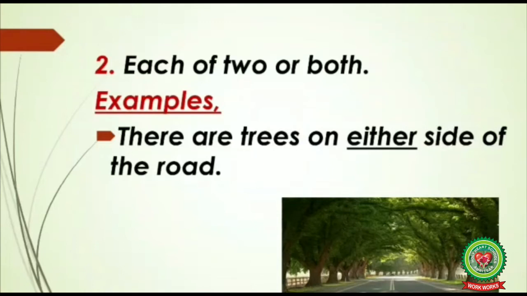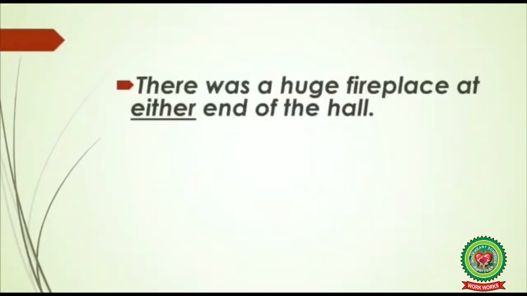But if we will use either, we will say either side, not sides. There was a huge fireplace at either end of the hall. It means there was a fireplace at both ends of the hall.